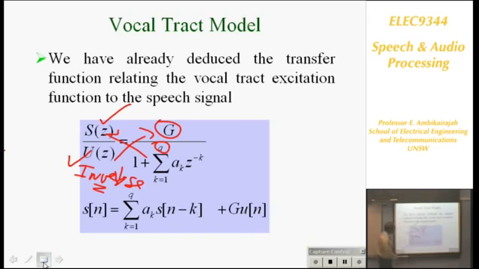What does that tell you? This tells you that my current speech sample, the current value of the speech I produce, is equal to a constant multiplied by the previous values of the speech. So if I know the previous values of the speech and multiply by the correct constants and add the excitation here, I know what speech is going to come.